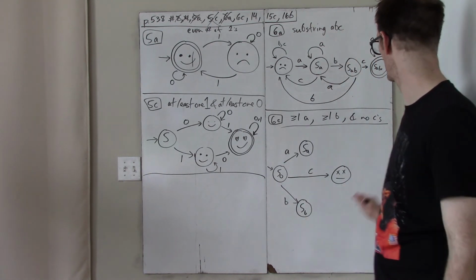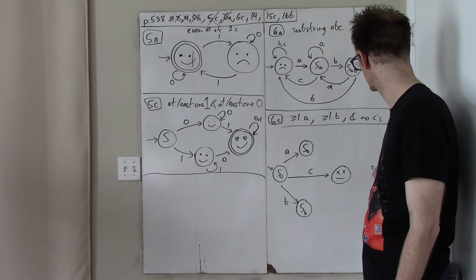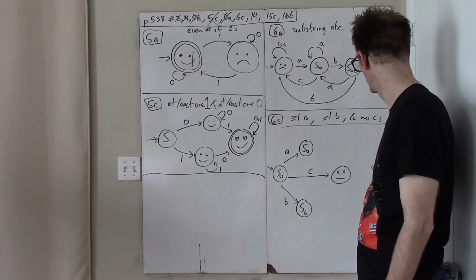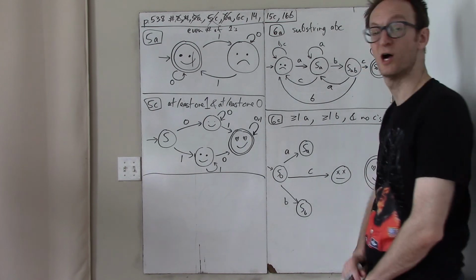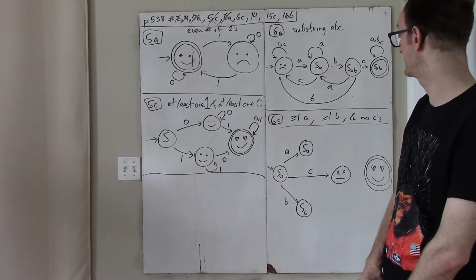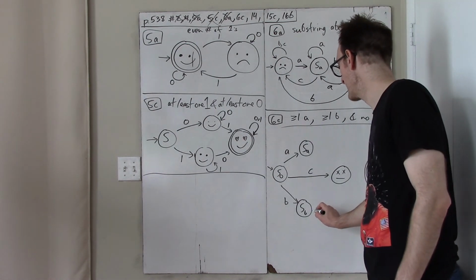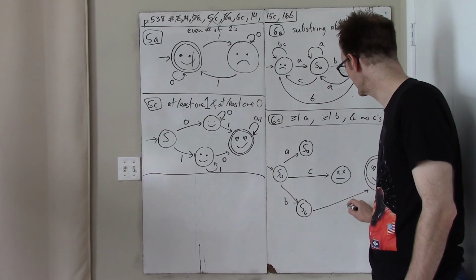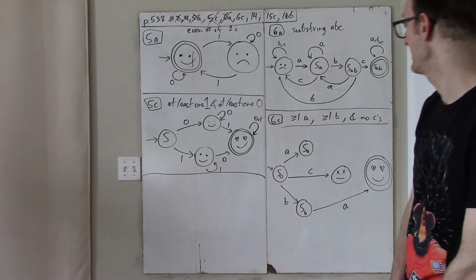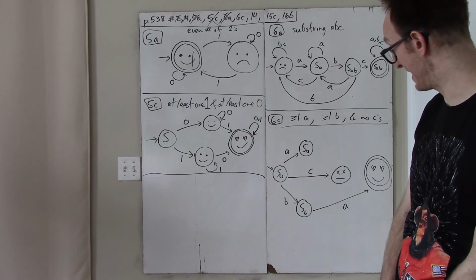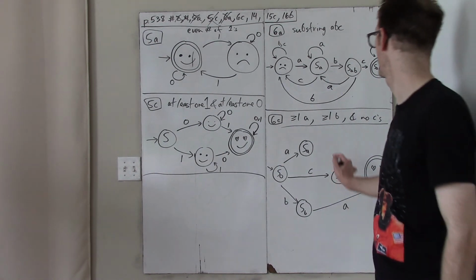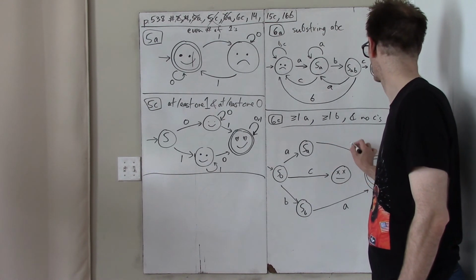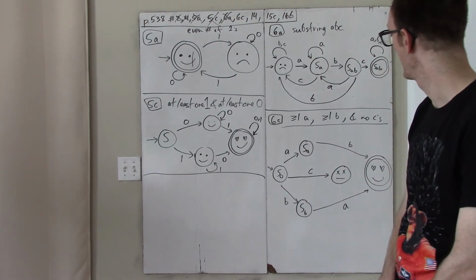And I think it's sort of clear now that there is this happy state in which I go when an A and a B have occurred, and all it takes to get there is another A. So BA should be one path through this machine if the entire string is just BA, but also AB should be a path through this machine.